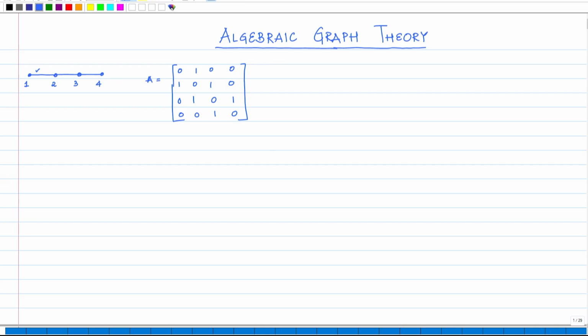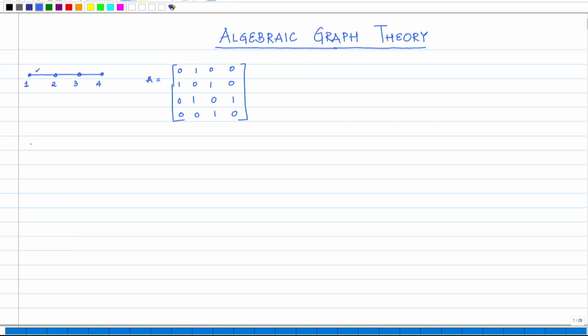Now, let us try to think of some general algebraic properties associated with the adjacency matrix of a graph or a digraph. A digraph is a directed graph.